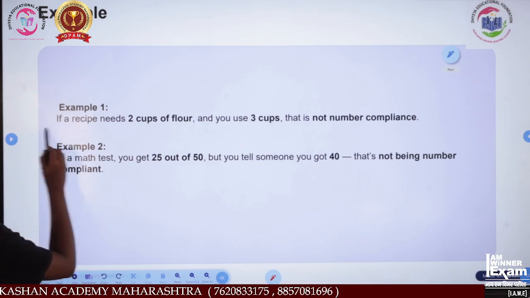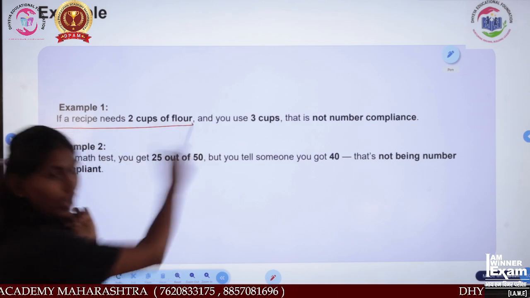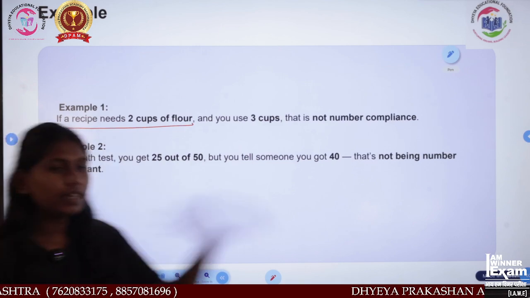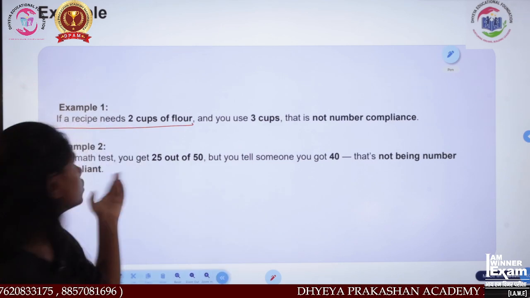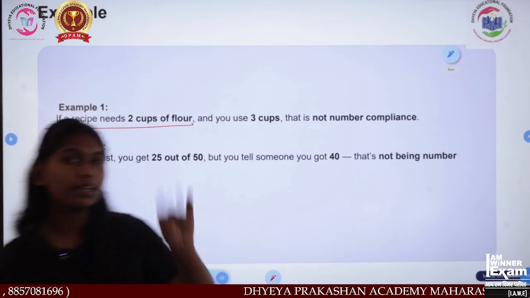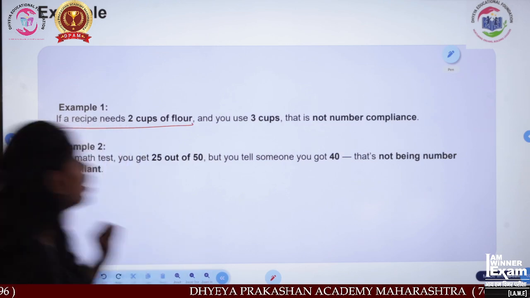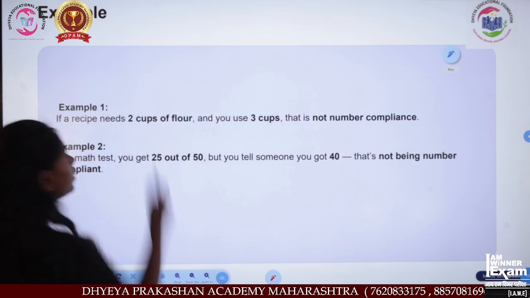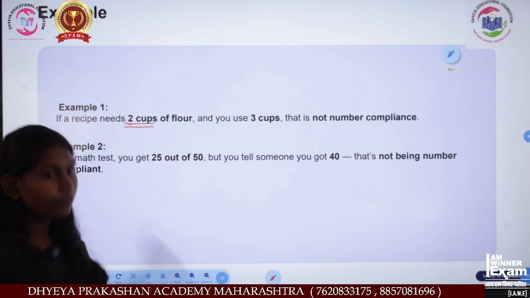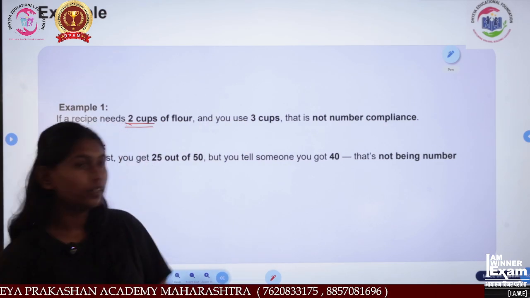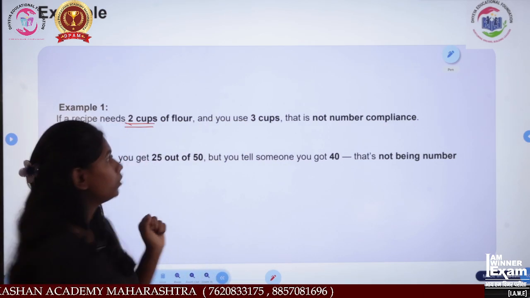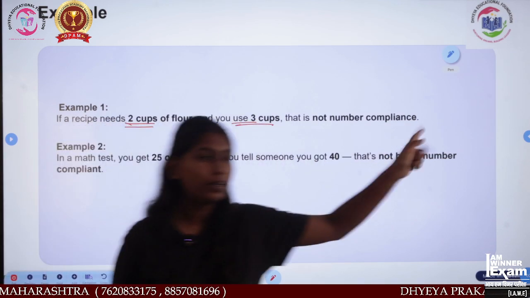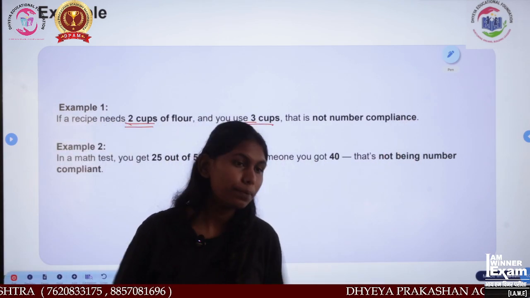Now if a recipe needs 2 cups of flour, suppose you are making a cake. The recipe needs 2 cups of flour, but you use 3 cups. Now this is not number compliance.